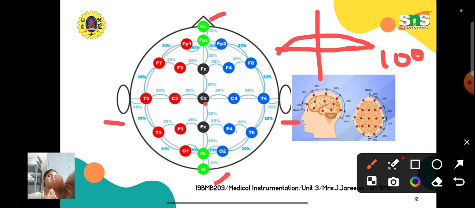For example, see this T3. That is the first landmark for placing the electrodes, which you place at 10%. 10% of 100 is 10.